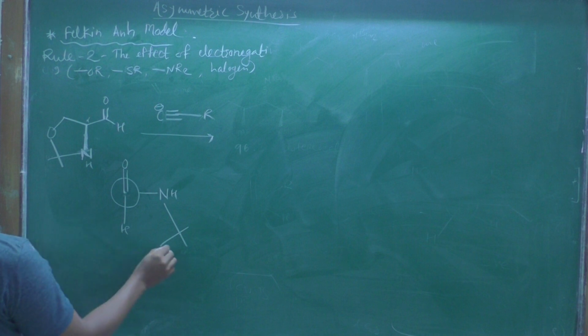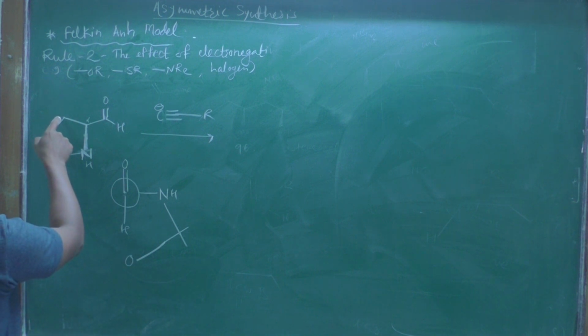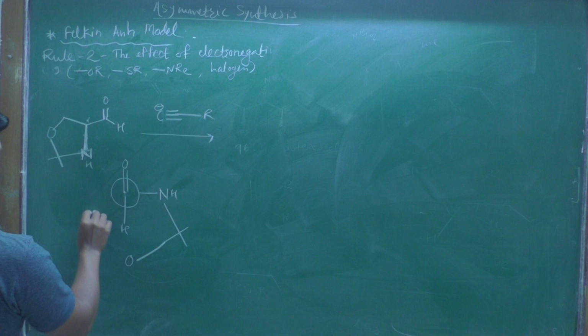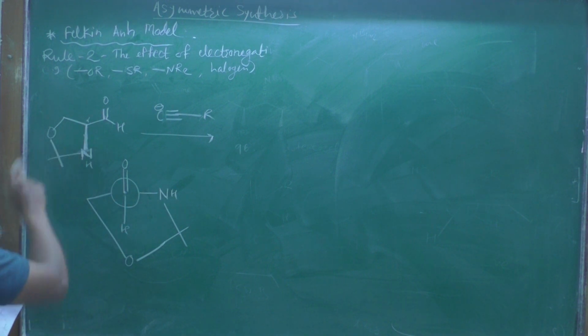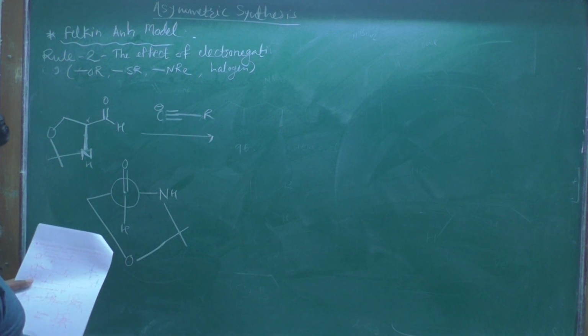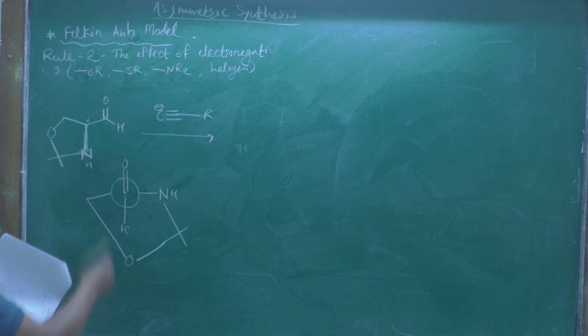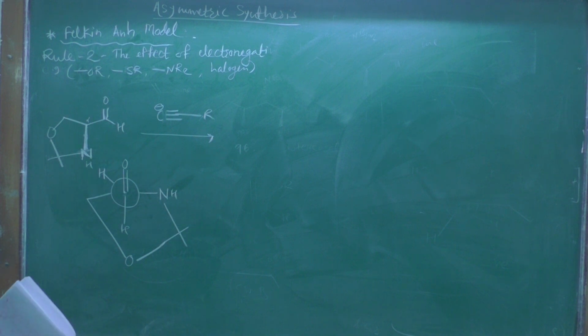Then this is attached to an oxygen atom, and this oxygen atom is having CH2 and then the alpha carbon atom. So the rear carbon atom is the alpha carbon atom. Okay, so this is the situation, and one hydrogen atom is there at the alpha position and it is above the plane.